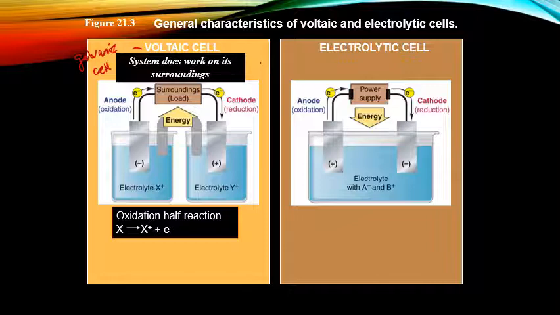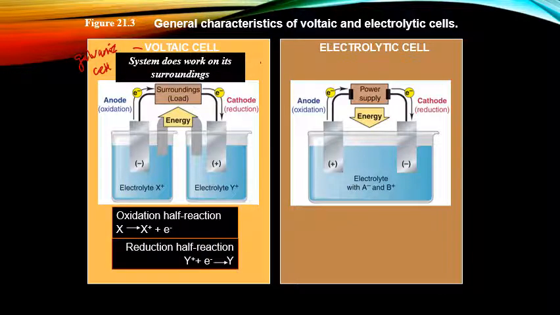So you can see again, the oxidation half reaction has the electron forming as a product. As the electrons travel through the wire, they eventually come over to the cathode where they gain the electron. So I have the Y plus plus the electron going to the neutral atom Y or molecule Y that is present.